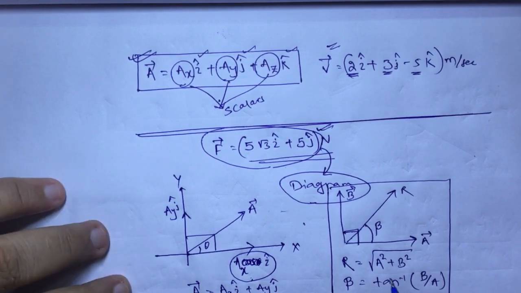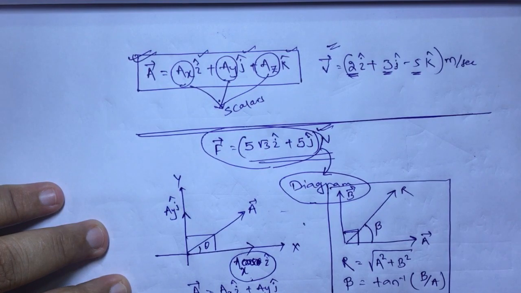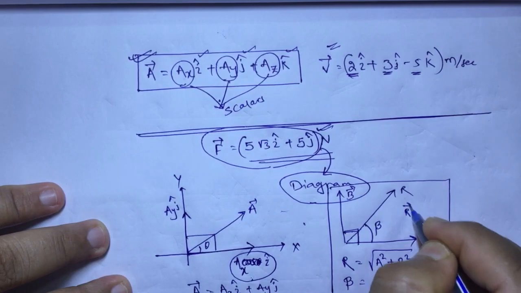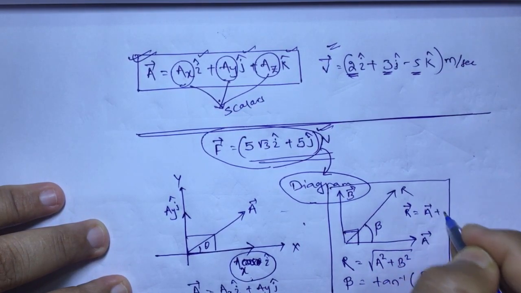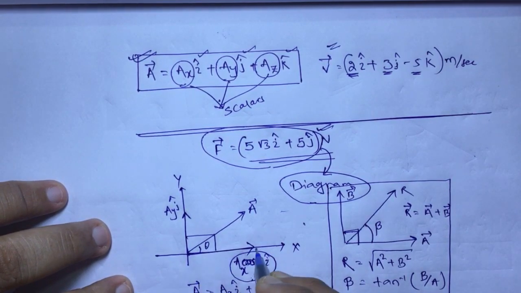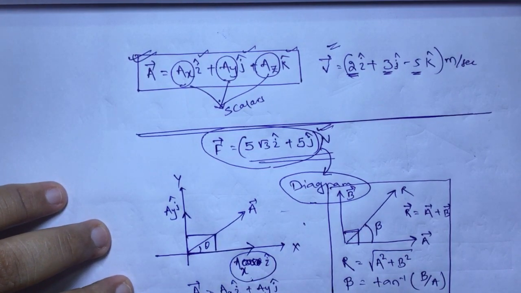Now here also there are two vectors, ax i cap vector and ay j cap vector, and these two vectors added to give this vector. Yes or no? Here also the same thing was there or not? R vector was giving you a vector plus b vector. So here I can use the same formula, because here also ax i cap and ay j cap have the angle 90 degree. So what can I write here?